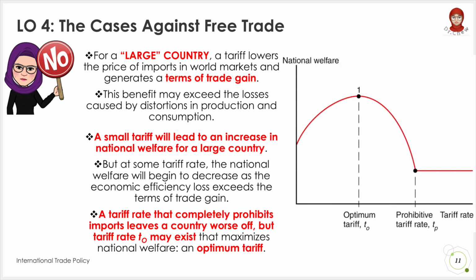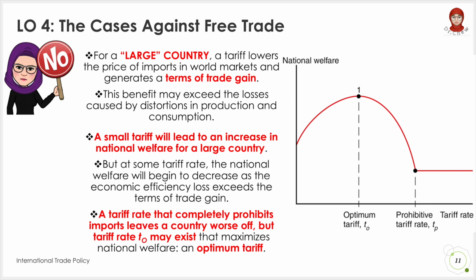As the tariff rate is increased, however, the costs eventually begin to grow more rapidly than the benefits, and the curve relating national welfare to the tariff rate turns down. A tariff rate that completely prohibits trade, from TP and beyond, leaves the country worse off than with free trade.